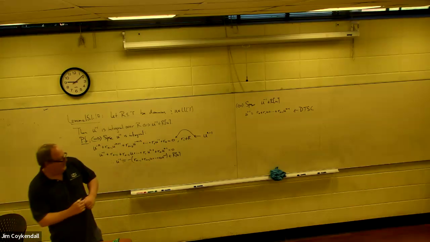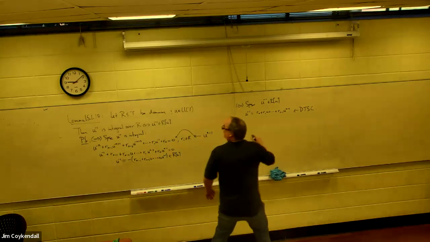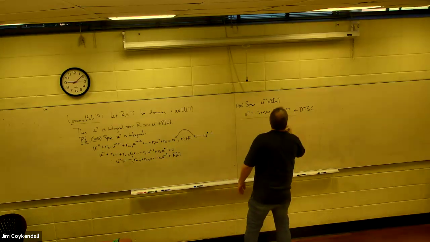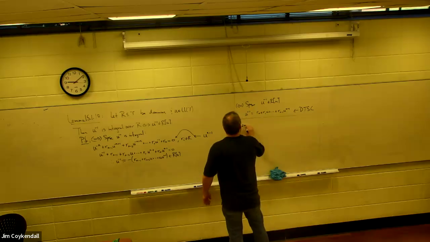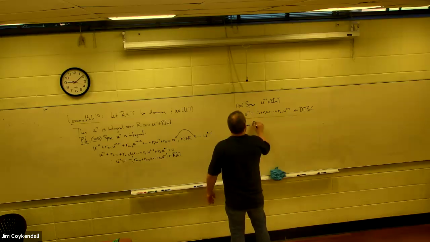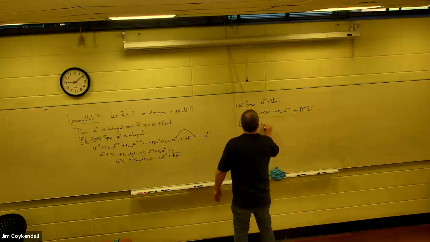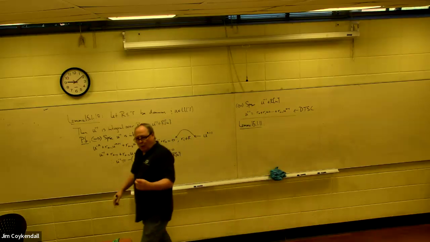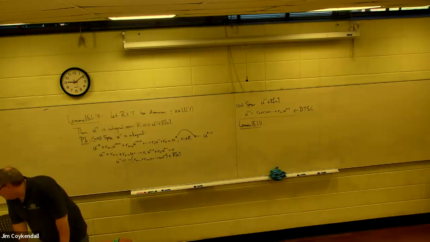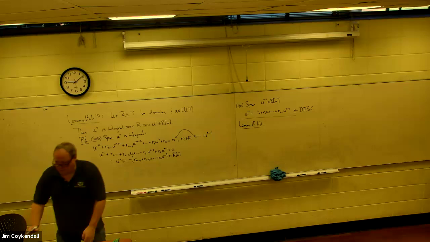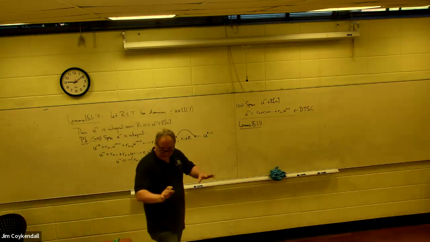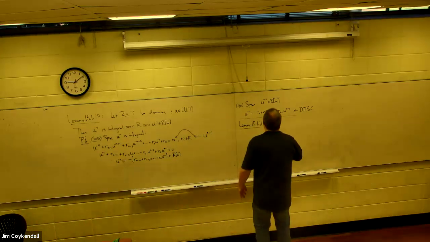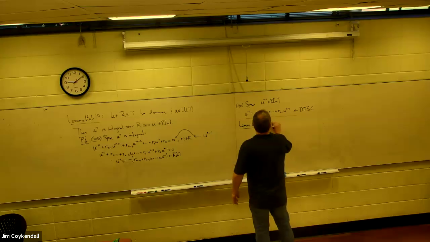Okay. Lemma 15.11. We're going to use this after a bit as well. An arbitrary intersection of integrally closed domains is integrally closed. This is cool. If I intersect integrally closed domains, I get an integrally closed domain. So let me do it this way.